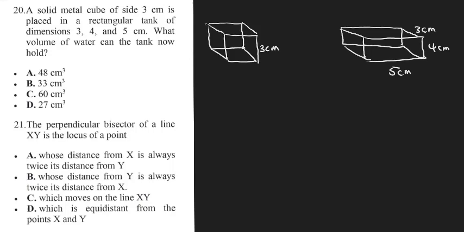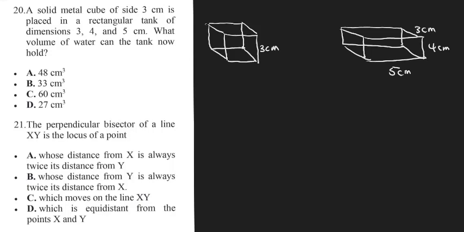So the leftover will be where the water will stay. So if that's the case, we have to get the volume of this rectangular tank, then we get the volume of this cube. After getting the volumes, we'll subtract. If we subtract, the leftover will be the volume of the water.